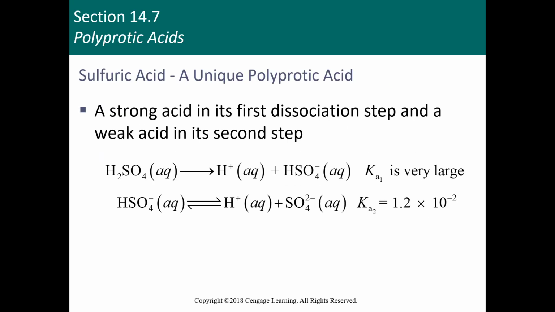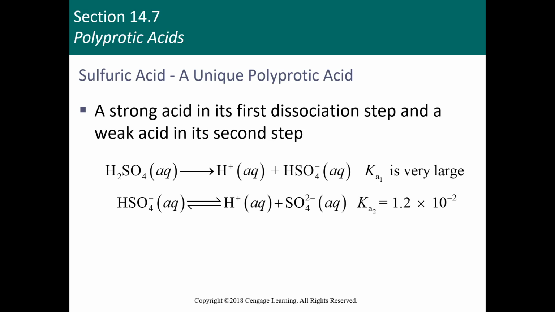All right. Okay, so sulfuric acid is a unique one. It's a unique polyprotic acid. It's an example of an exclusion. That means that almost every other polyprotic acid will follow that previous pattern, okay? It's only this one that you start diverging enough that matters.